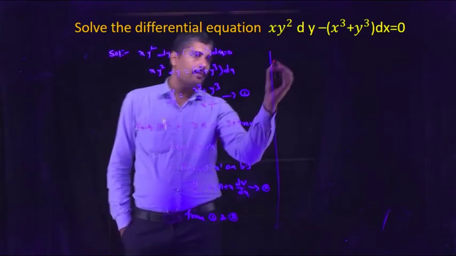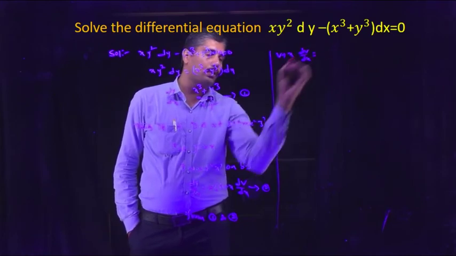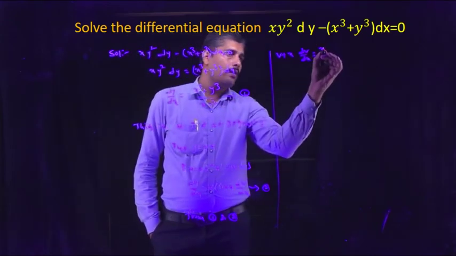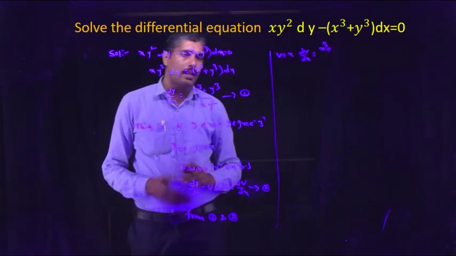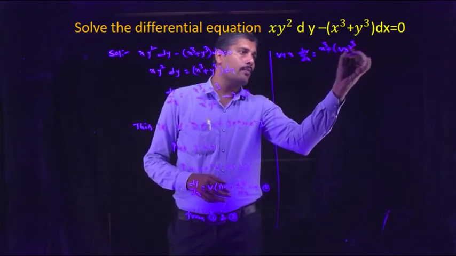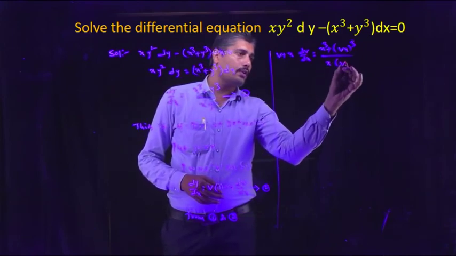we take v plus x into dv by dx equal to x cube plus, put y equal to vx, that equal to vx whole cube by x into vx whole square.